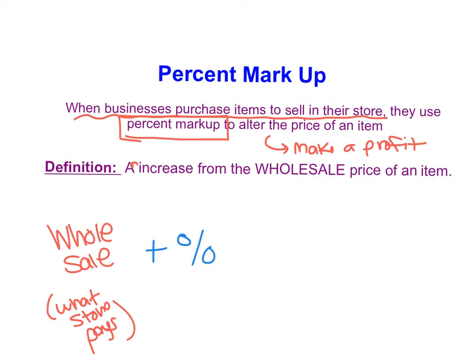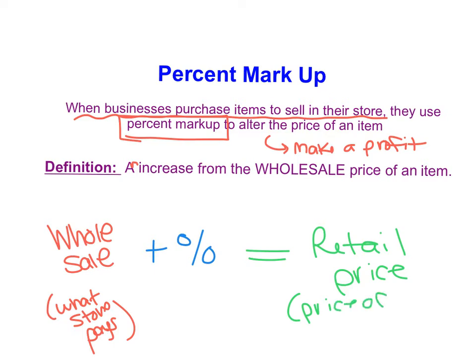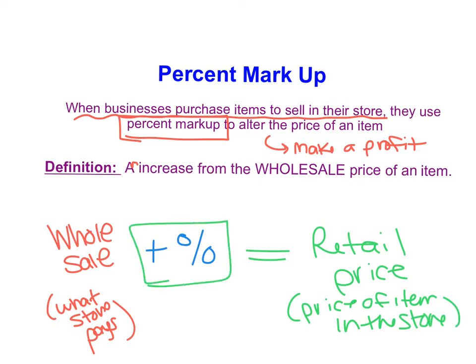And then after we add that percent, we have the retail price, which is the price of the item in the store. We're going to talk about how stores actually calculate this percent value that they add on to the wholesale price in order to calculate what their retail price of an item should be.